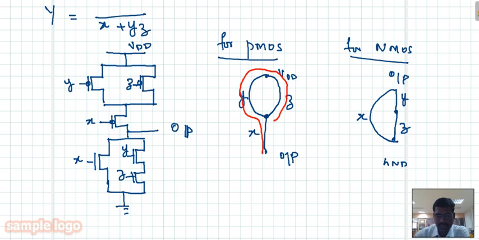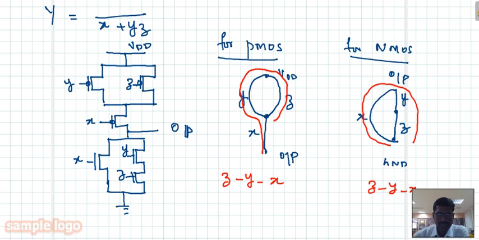That means I visited each edge only once. So it is possible: z, y, x. Similarly here I can go like this, z, y, x.